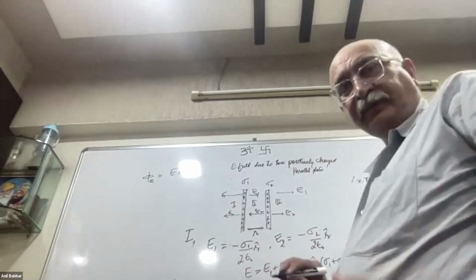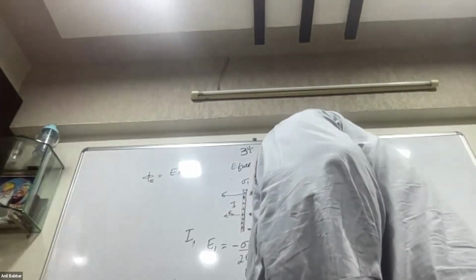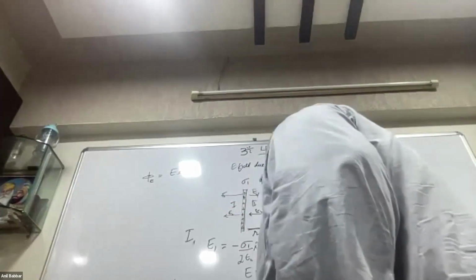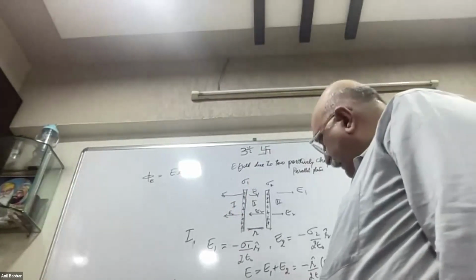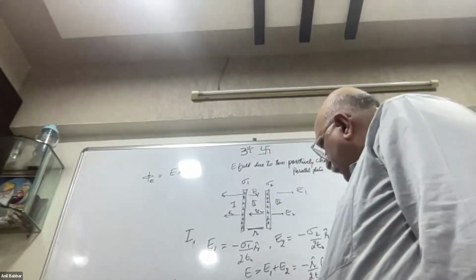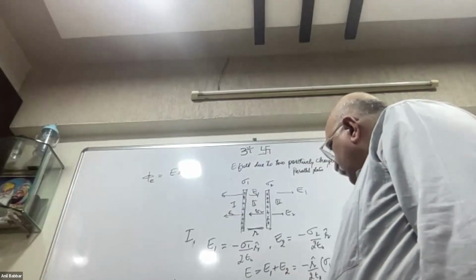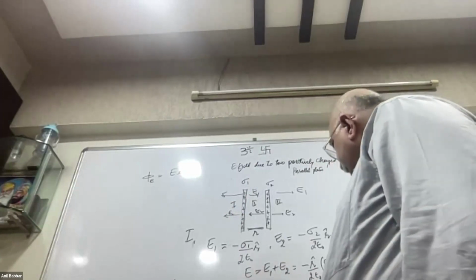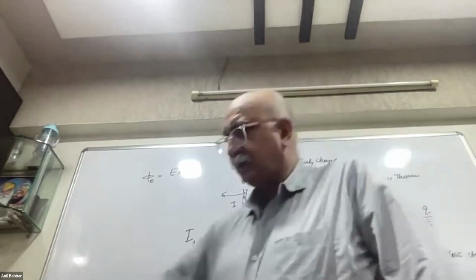The total field will be the addition of these fields, E1 plus E2. That will give R cap upon 2 epsilon naught times sigma 1 minus sigma 2.